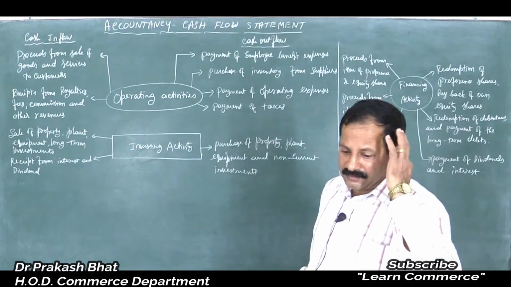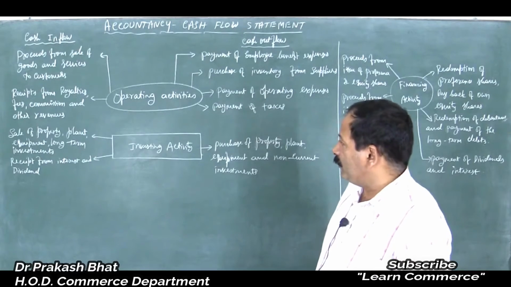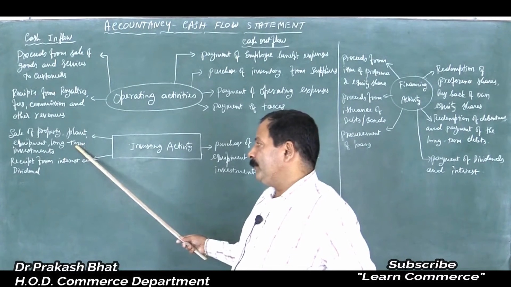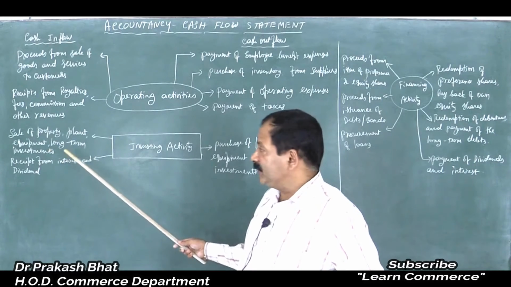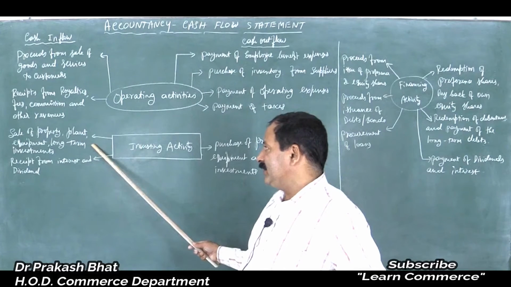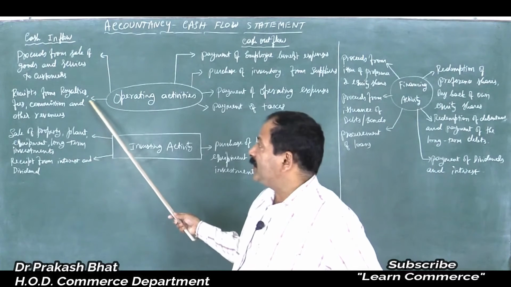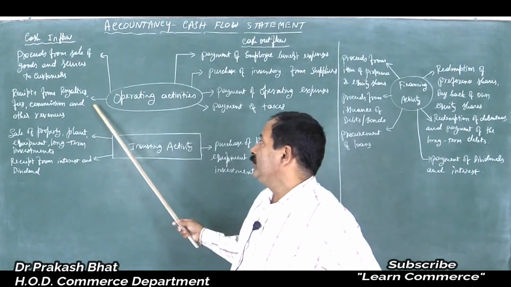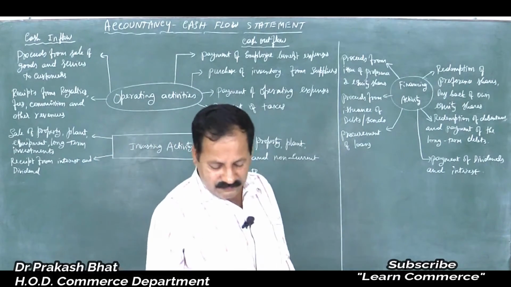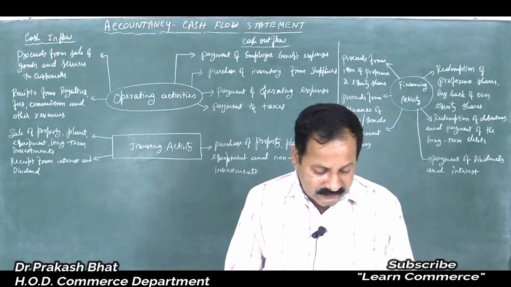So, other revenues, sale of property, profit on sale of property. This is a cash inflow by selling the property itself, isn't it? The value received by selling the property comes under investing activity. But here we book the profit or loss part only under operating activity. Remember, we debit it to statement of profit and loss, isn't it? So that's what we are doing here. So let us solve the problem.